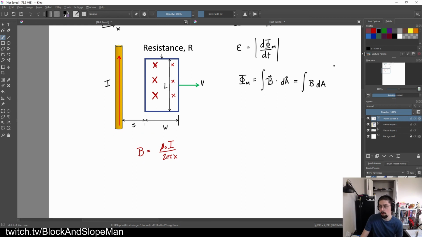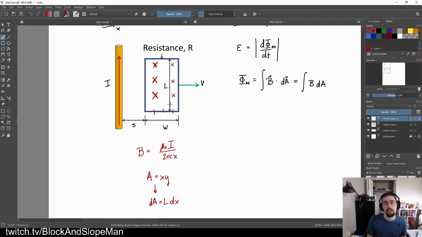Now, I'm going to think about my space again. If I'm thinking about my area, if it had an X and a Y, now in this case, every point along L is constant for the magnetic field strength. So this time around, that's the one that's actually going to survive. dA is going to be L, a constant, times dx, because at every point in X, the magnetic field strength is different.